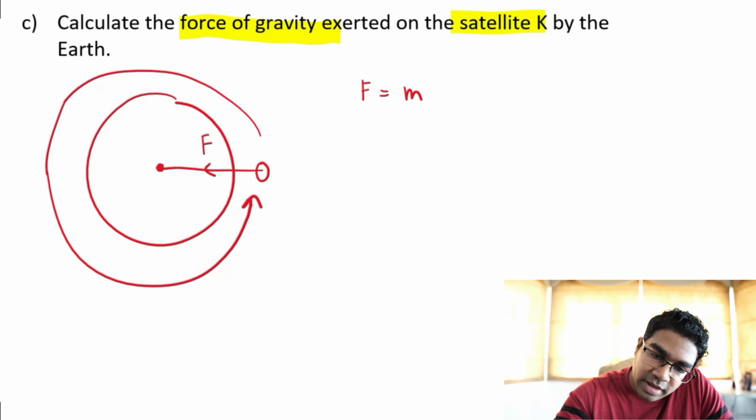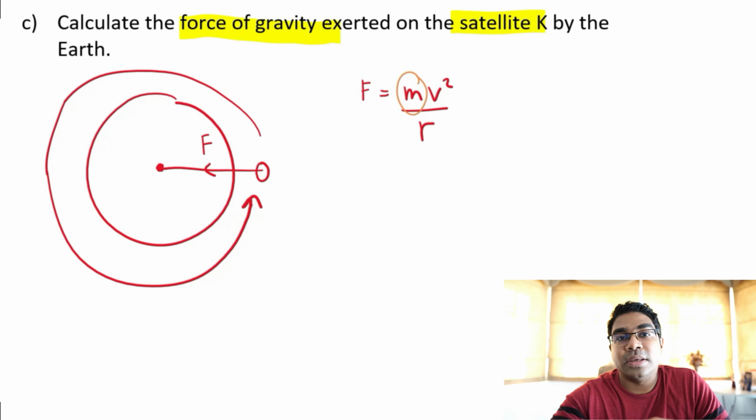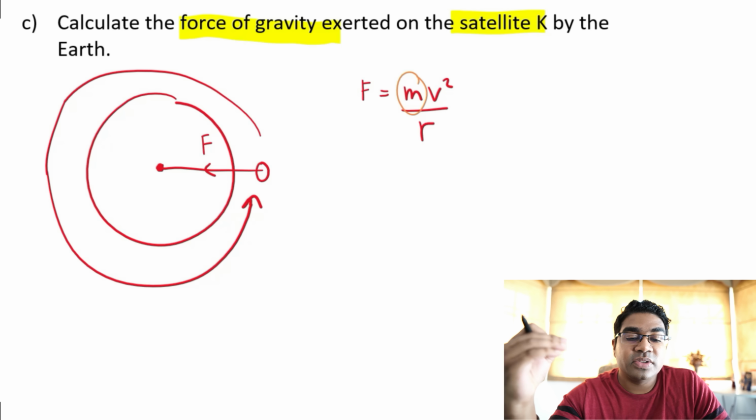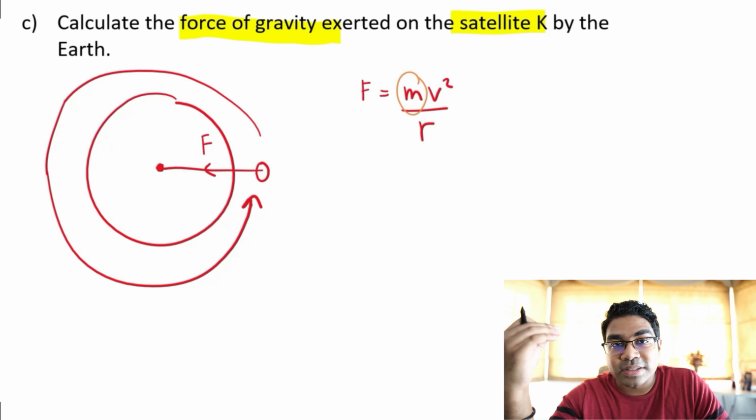You could use the formula for gravity, GMm over r squared, but in this case, that's not necessary. We can just use mv squared over r. When we use mv squared over r, this m is the mass of the object that is experiencing the centripetal force, which is the mass of the satellite.